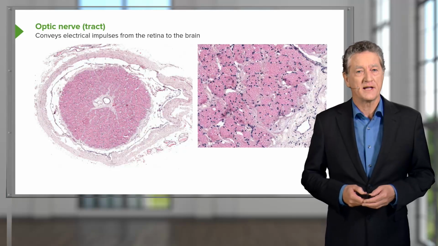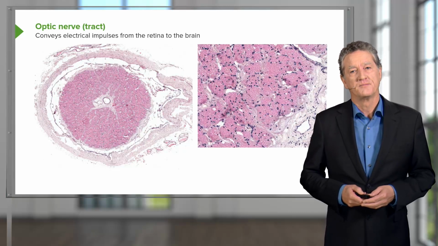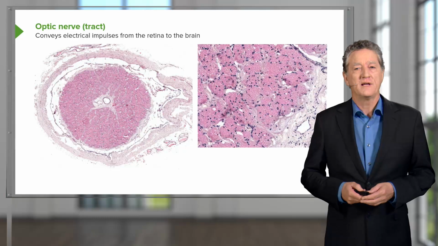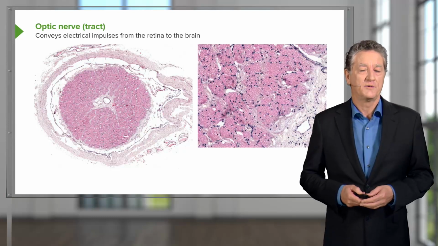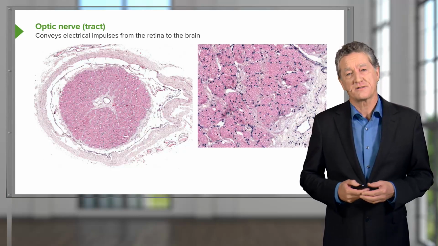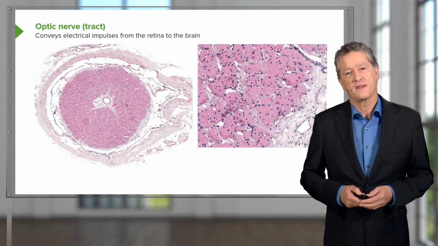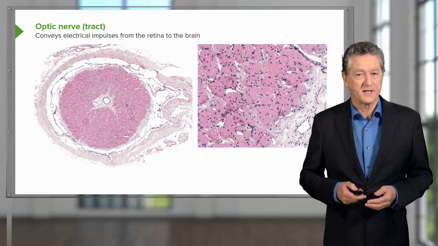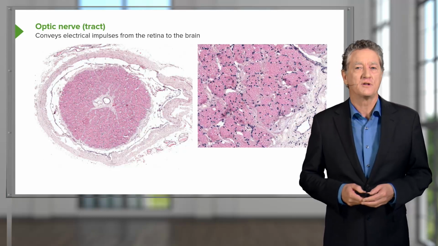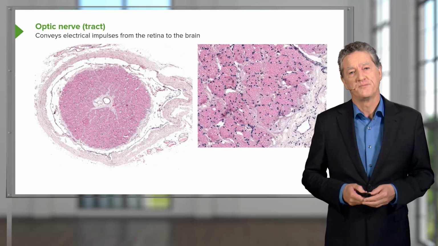And underneath that space is real. That's the subarachnoid space. And on the right-hand side, at higher magnification, you then have the pia, directly in contact with the surface of the ganglion axons, unmyelinated nerve fibres. That's the pia component, and it actually extends into the bundles of unmyelinated axons and supports them.